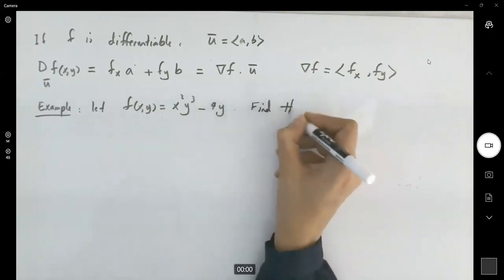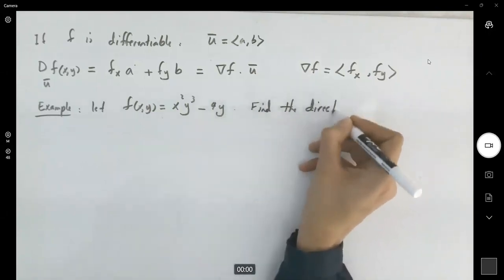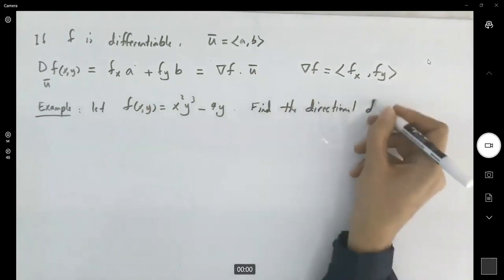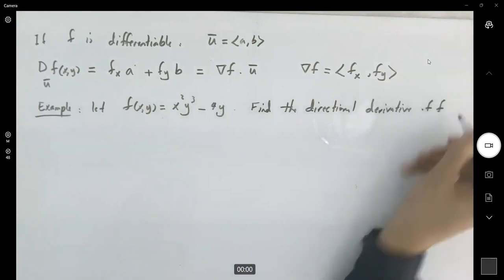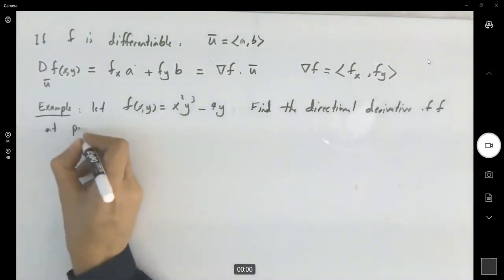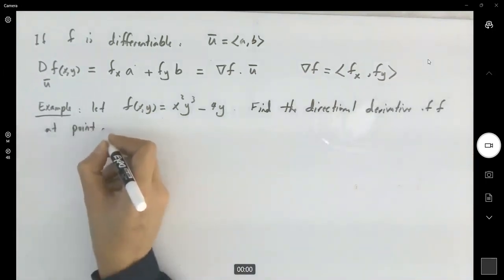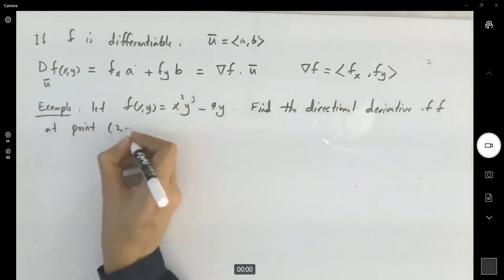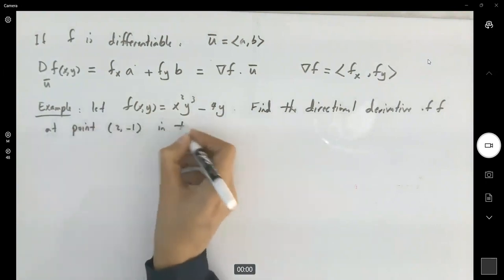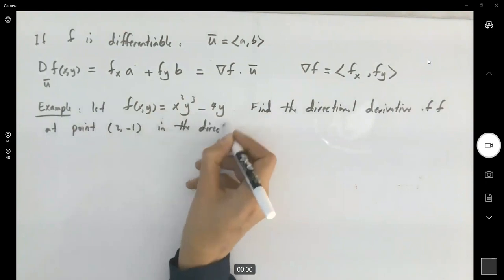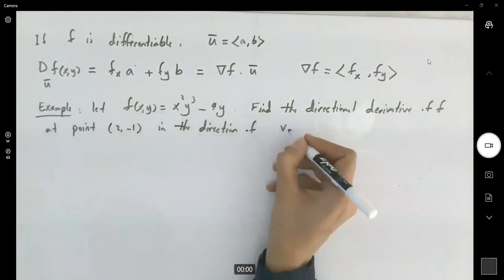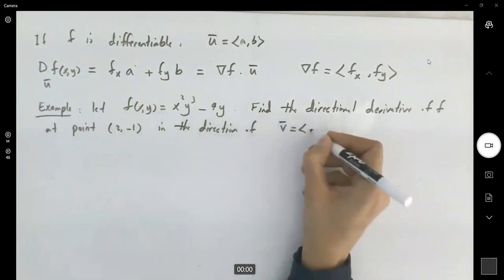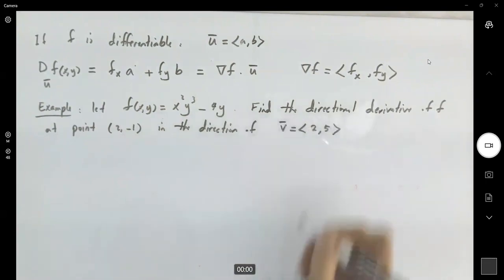Find the directional derivative of f at point 2 and negative 1 in the direction of vector v, which is defined as 2 and 5.